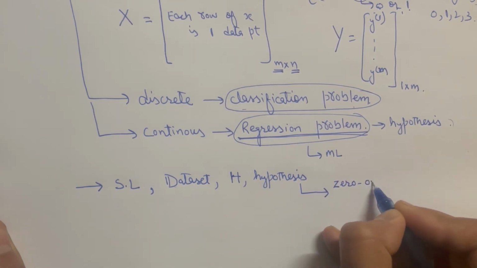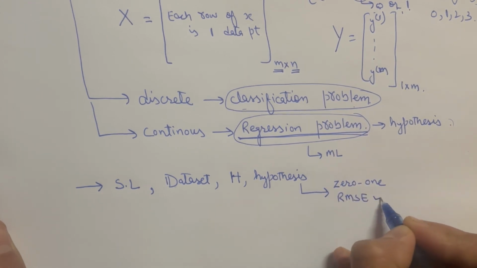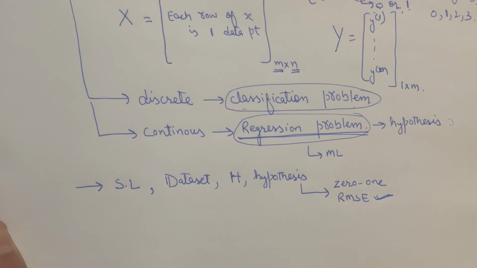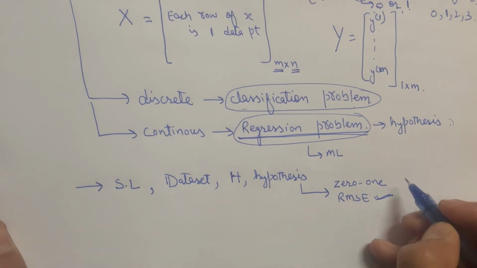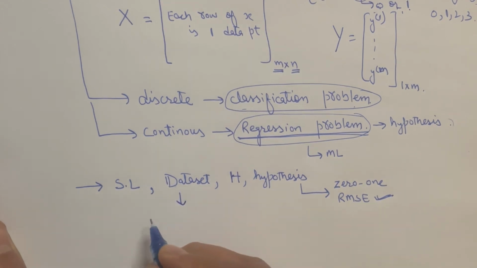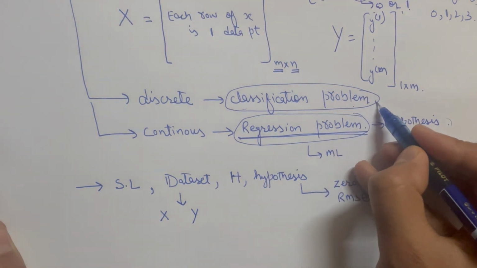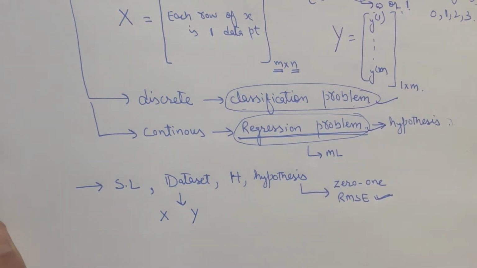One is 0-1 loss, and another is root mean square error, which is more frequently used. Then we saw that the data set can be written in matrix format X and Y. Also we saw what a classification problem and a regression problem are.